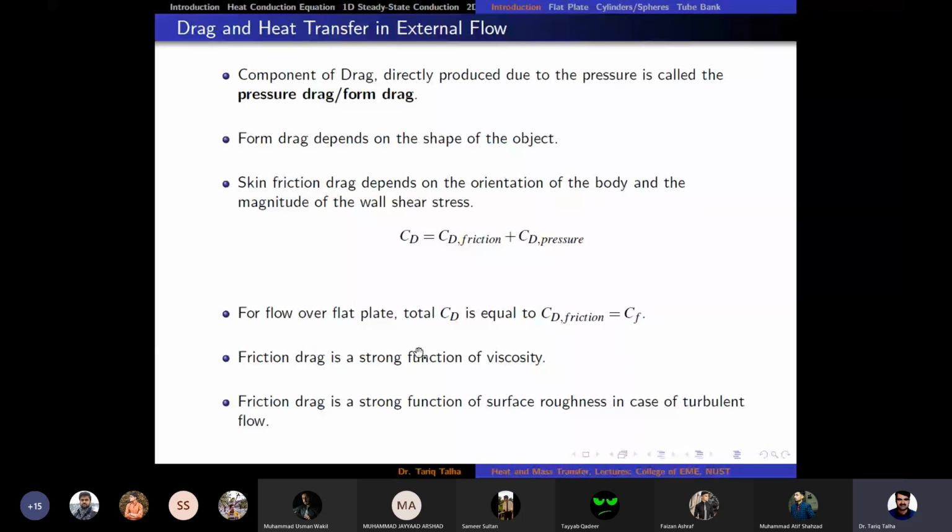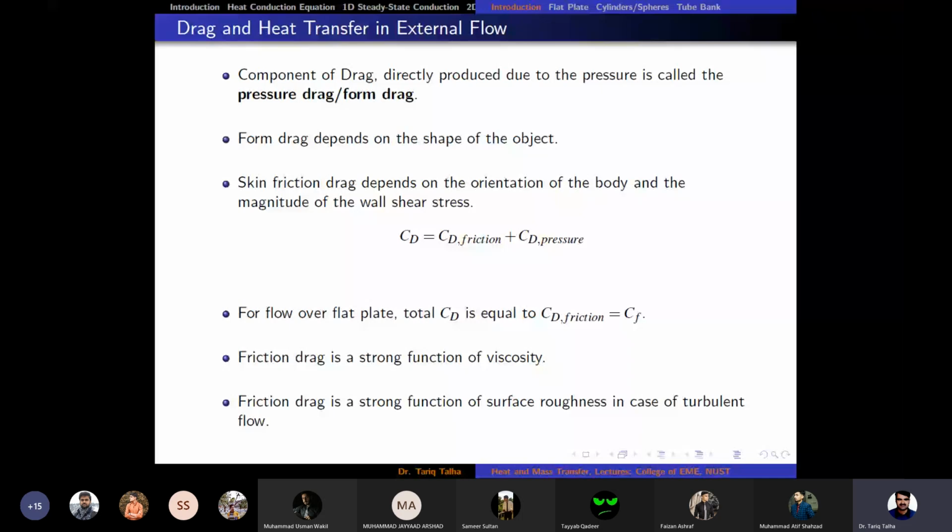You would come across the Moody chart, I think in chapter number 8 of your book in FM2, in which you would study the effect of surface roughness in the case of flow inside a pipe.